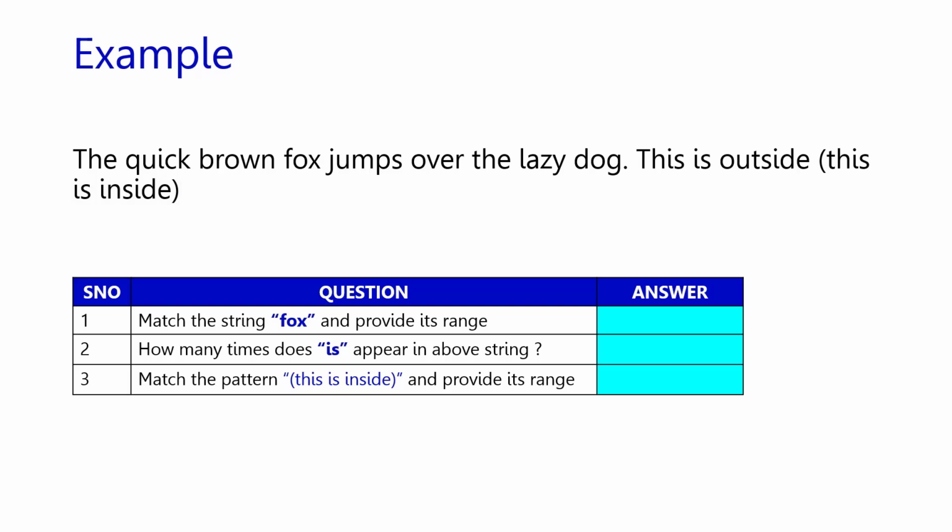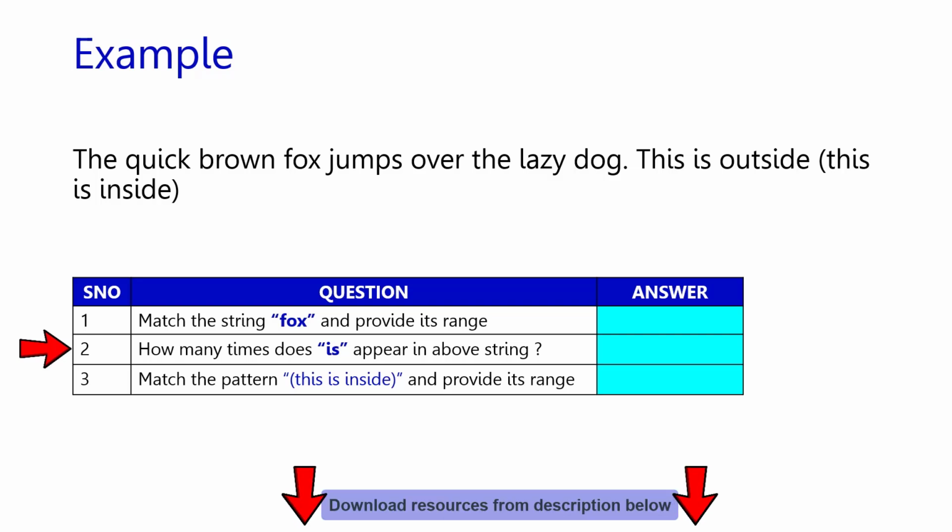Question number 1 is: match the string fox and provide its range. What it is asking is whether fox is present in this example or not, and to provide its range. Next is: how many times does "is" appear in the above string.